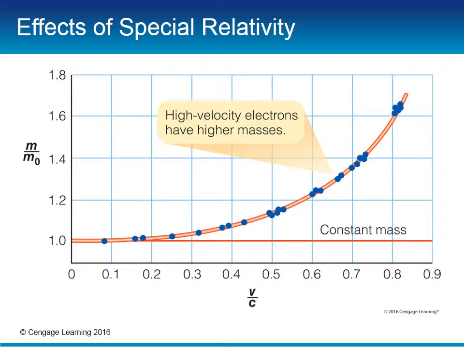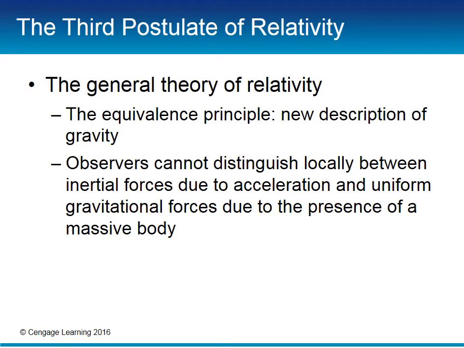As the ratio of their velocity to the velocity of light, v over c, v divided by c, increases, the mass of the electrons relative to their mass at rest, m divided by m sub 0, increases. Such relativistic effects are quite evident in particle accelerators, which accelerate atomic particles to very high velocities.